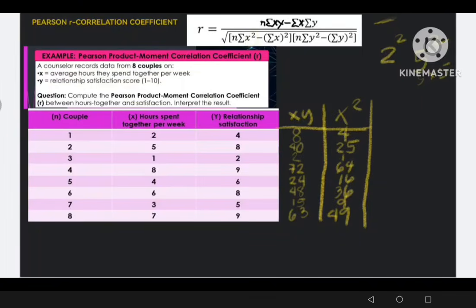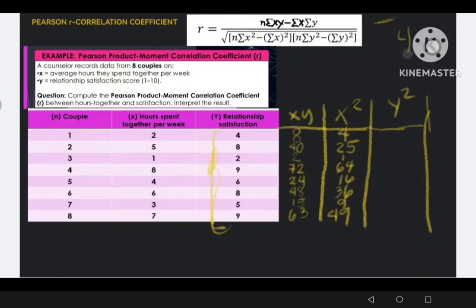Next, we also have in our formula Y squared. So we're going to look at our Y values here. In the same process we did for X squared, we just square the value of Y. So we have Y squared. We have 4, 8, 2, 9, 6, 8, 5, and 9.